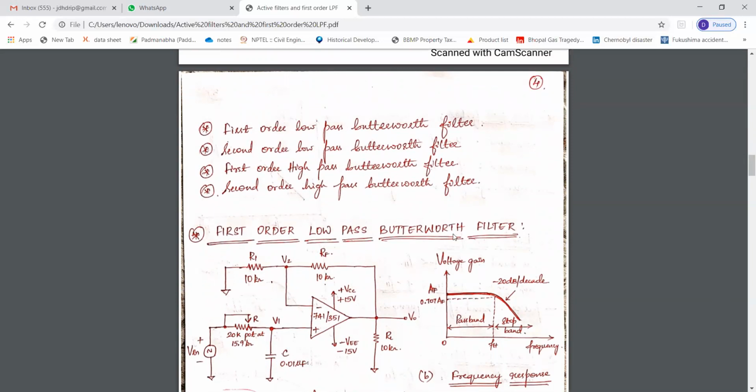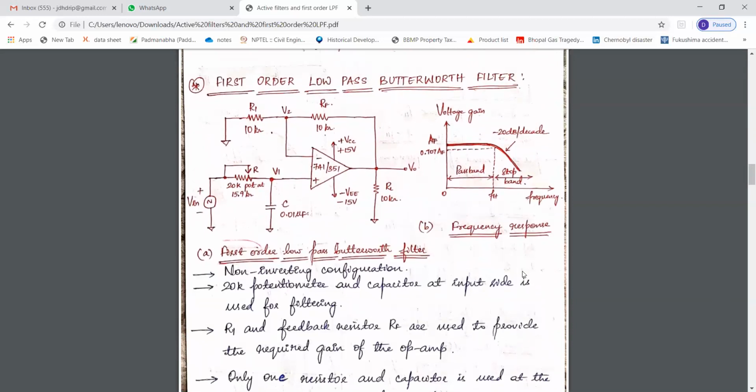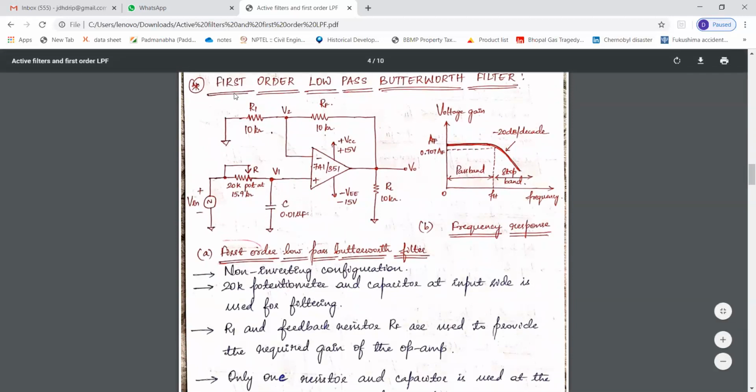In the upcoming sessions, we'll come to know about the other three filters. So first, to start off with the first order low pass Butterworth filter, this is the configuration of low pass Butterworth filter. This is called first order because in the input side we are using one pair of resistor and capacitor, hence the name first order.